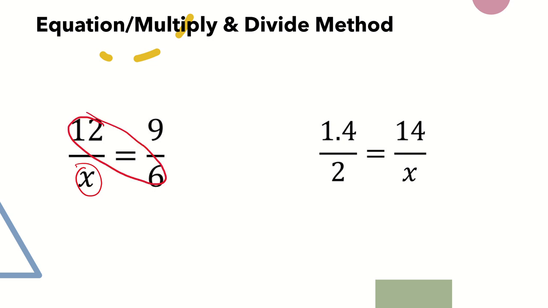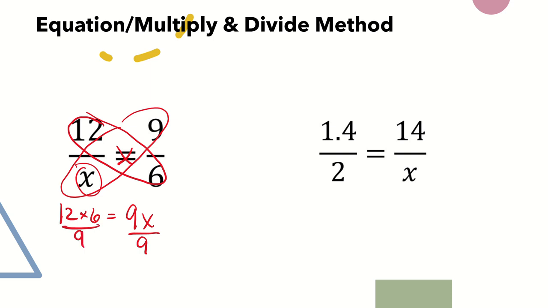Once I do 12 times 6, I'm also going to go 9 times x, which is always going to give you the x, so 9x. Then whatever my answer is, I simply divide by 9, because we're always going to multiply the two numbers that are together and divide by whatever number's left out. So we can divide by 9. Let's solve it now.